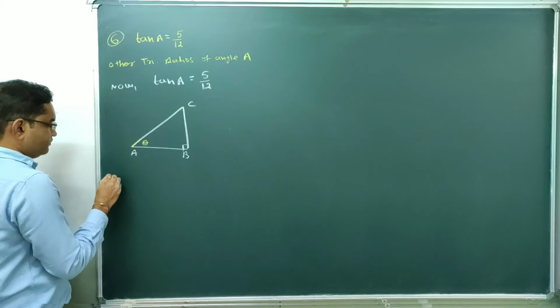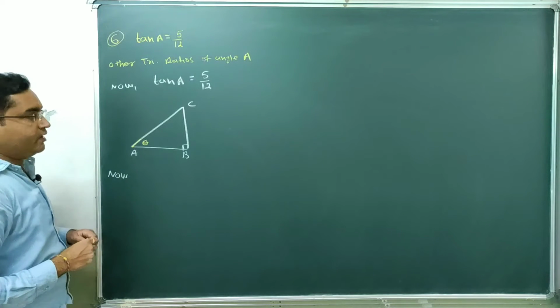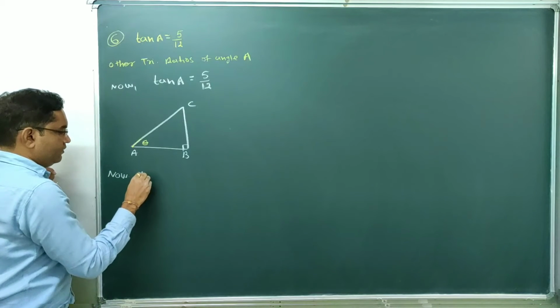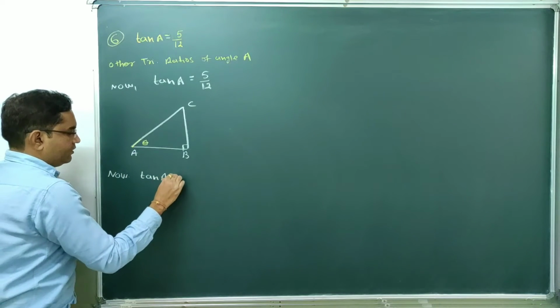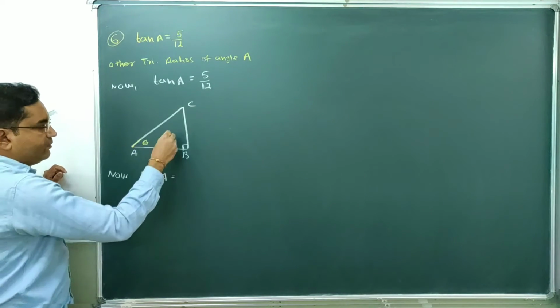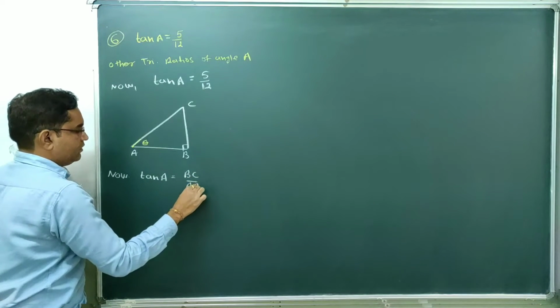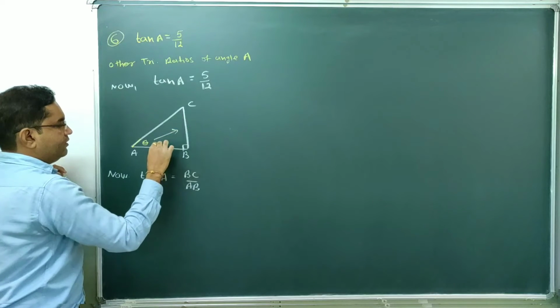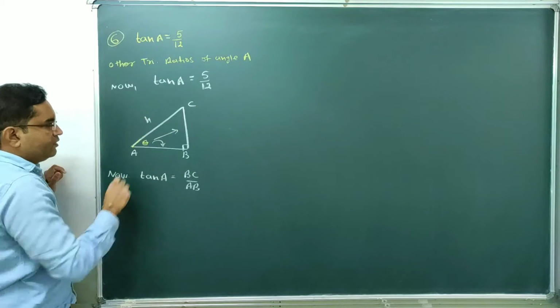So now according to definition of tan A, what is the definition of tan A? tan A is opposite side by adjacent side. It's a BC upon AB. This is the opposite side and this one is adjacent side and this is hypotenuse H. Done?